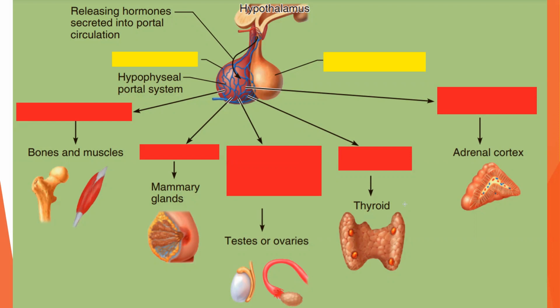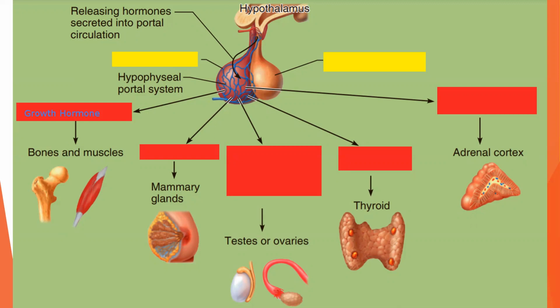Can somebody from the class identify which hormone released by your anterior pituitary gland is responsible for the development of your bones and muscles? Anybody from the class? Very good. So that is your growth hormone, produced in the anterior pituitary gland, that is responsible for the growth of your bones and muscles.